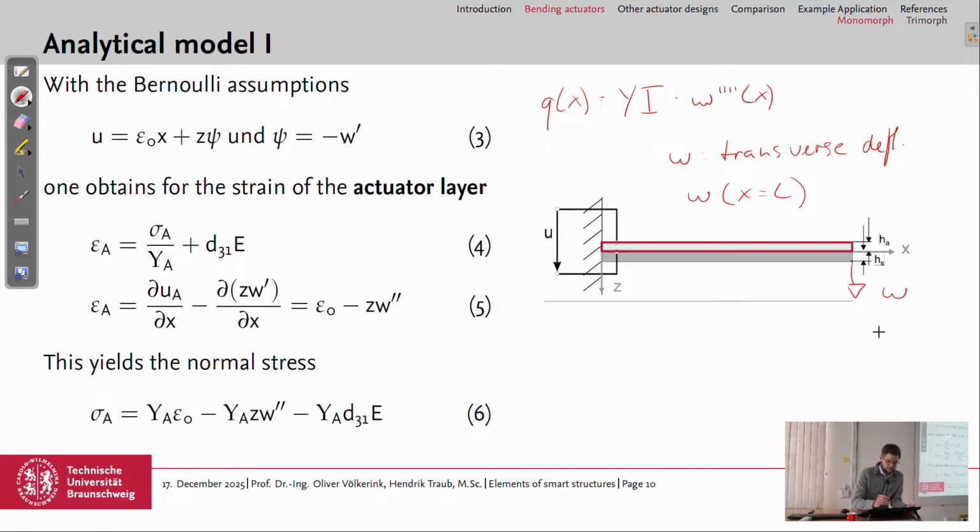Then the first derivative of W is the slope or the rotation of the beam.